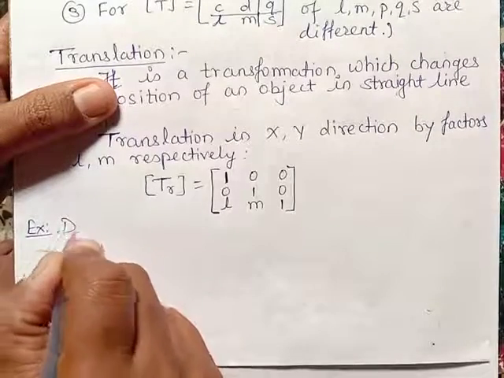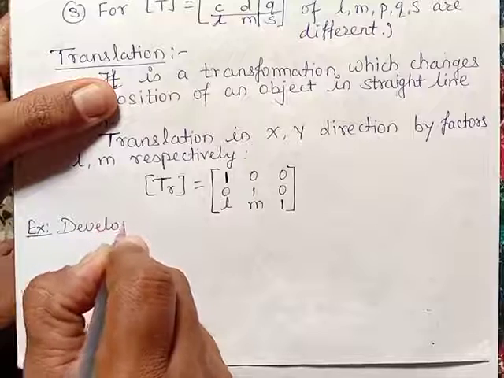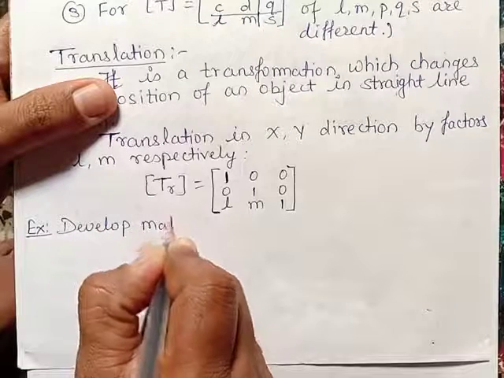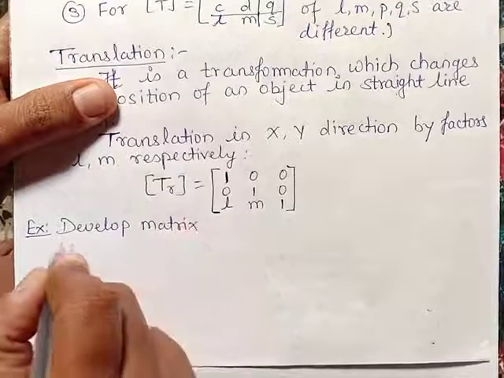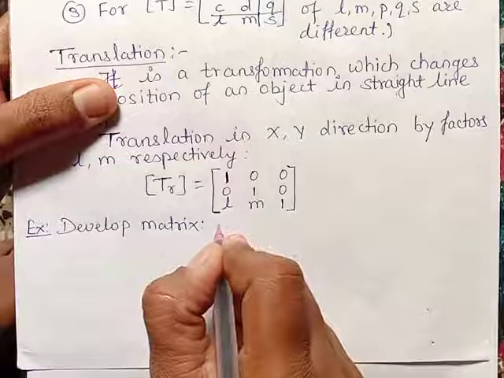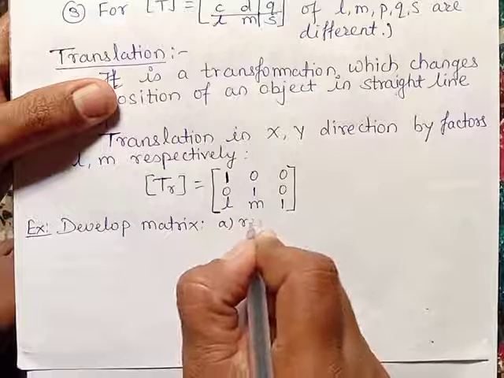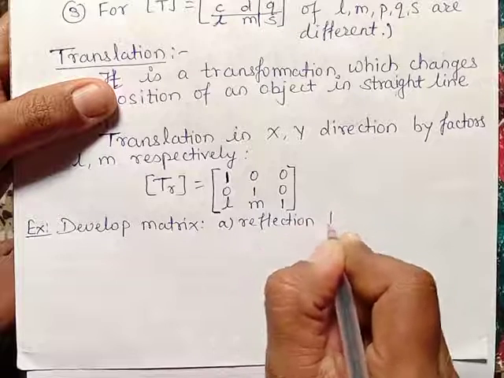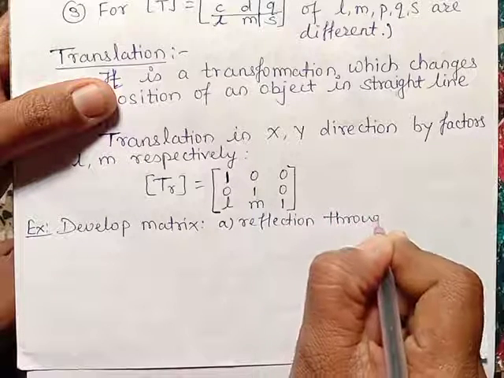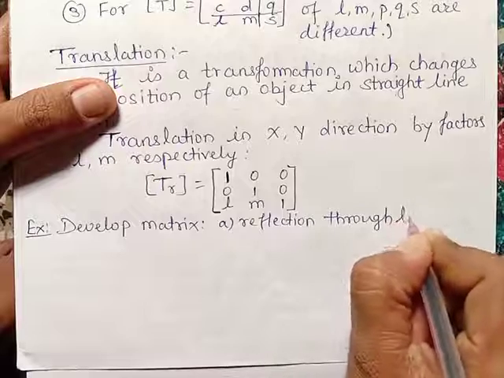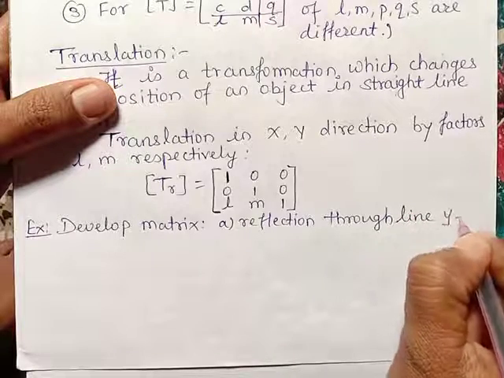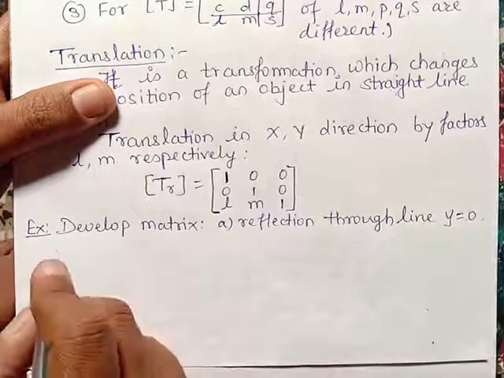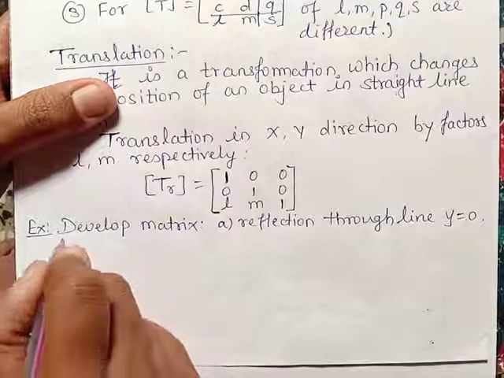Example, develop matrix. What is that? A, reflection through line y equal to 0. That is what? X-axis.